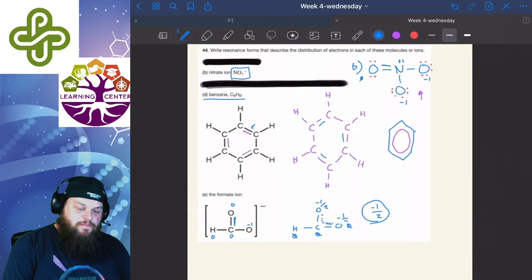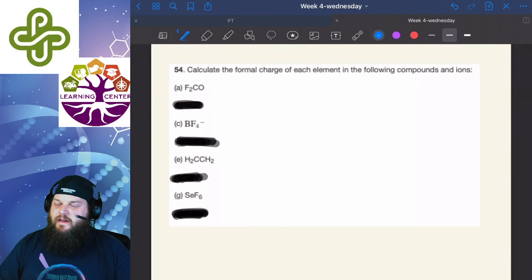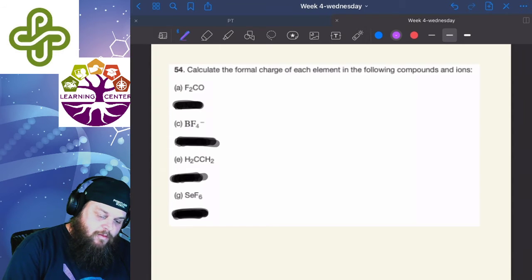So now let's go over the formal way to do a formal charge. I talked about it a lot, and we kind of just threw out those numbers. So let's talk about how we determine that formal charge.